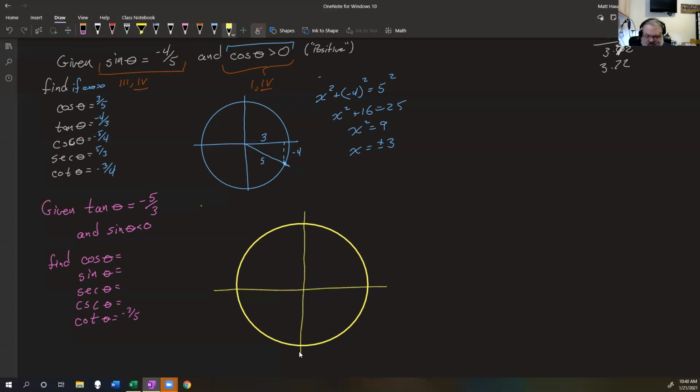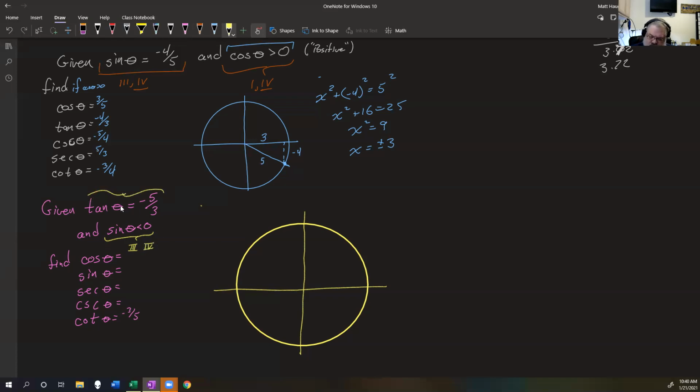All right, what quadrant is this in? 2. Well, if the sign is negative, that means the y values are negative, right? Y values are negative in 3 and 4.